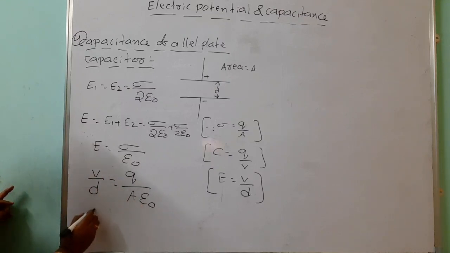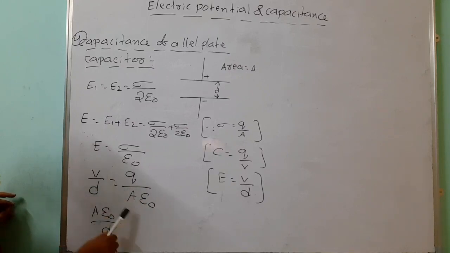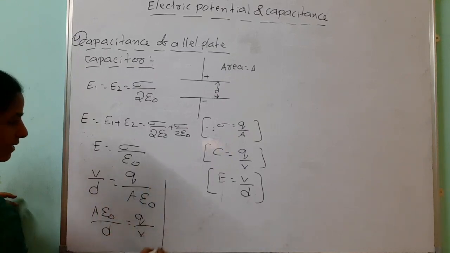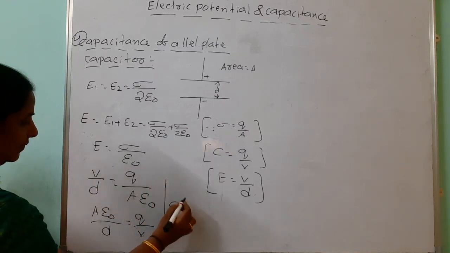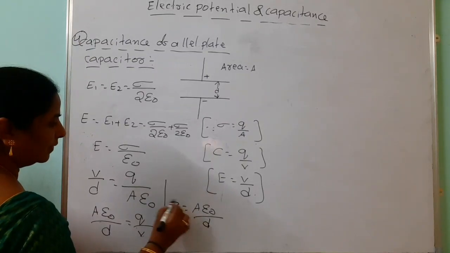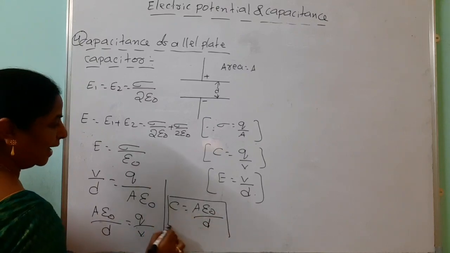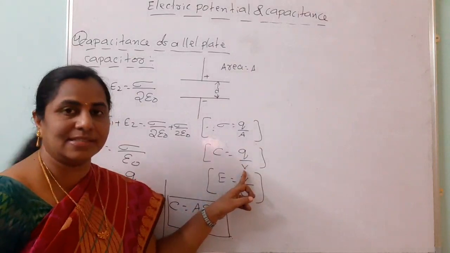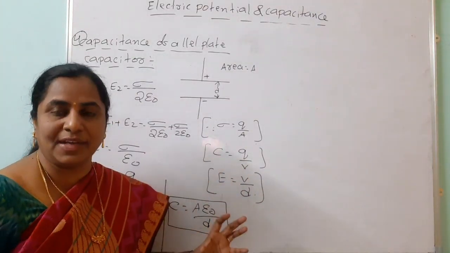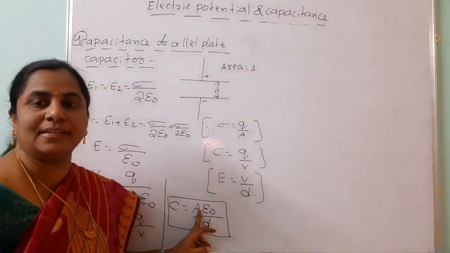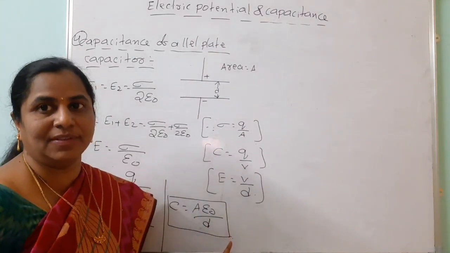So we are getting A into epsilon naught by D equals Q by V. But instead of Q by V, we write C. C equals A into epsilon naught by D. This is the expression for parallel plate capacitor. Generally, in terms of charge and potential, this is the expression for capacitance. When we take the parallel plate capacitor, it depends on the area of the plates and on the distance between the two plates.